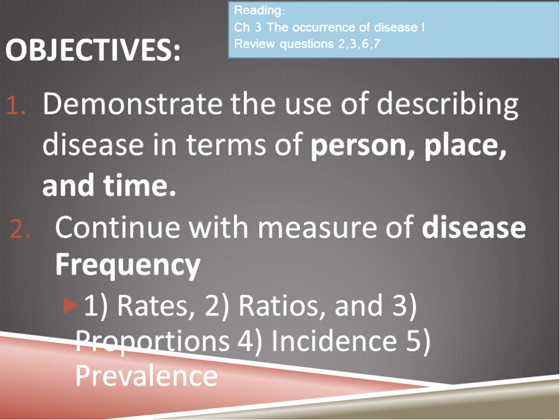And so you've probably heard of fatality rates, death rates, birth rates, ratios of success of a new drug, and we'll start to look at what that means in terms of epidemiology.